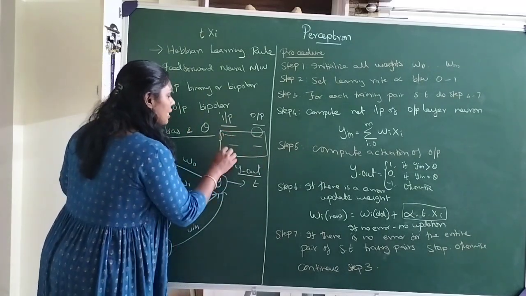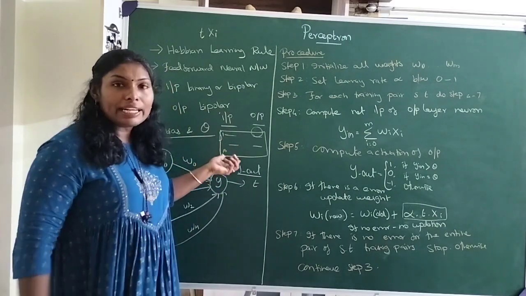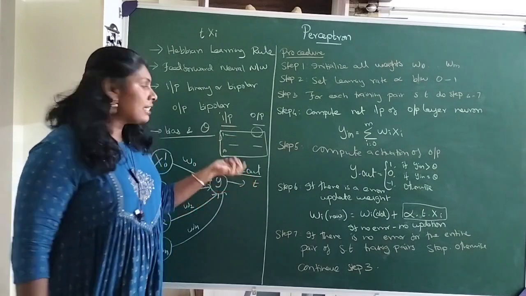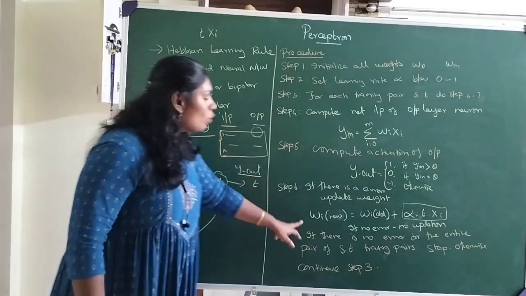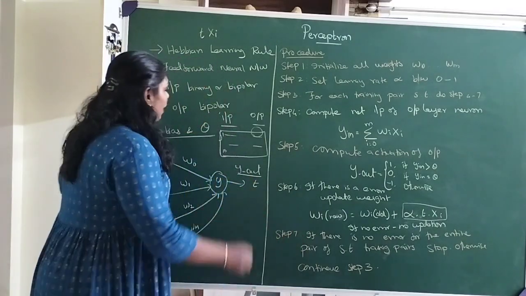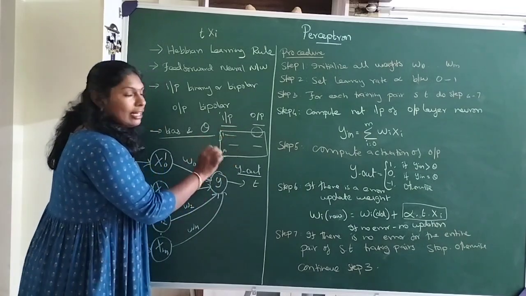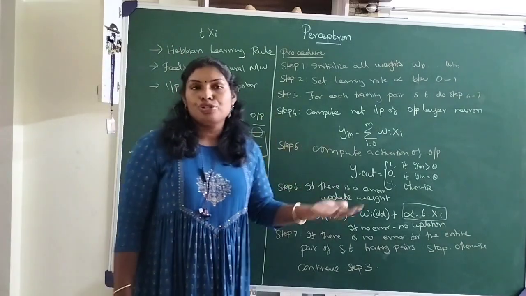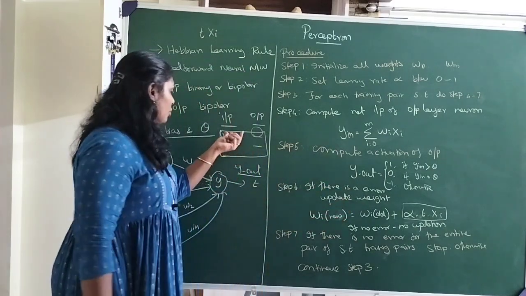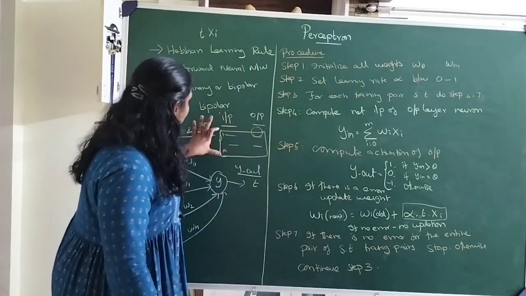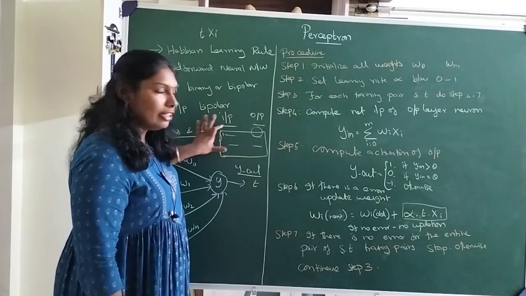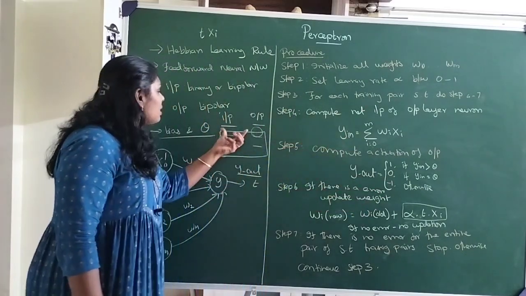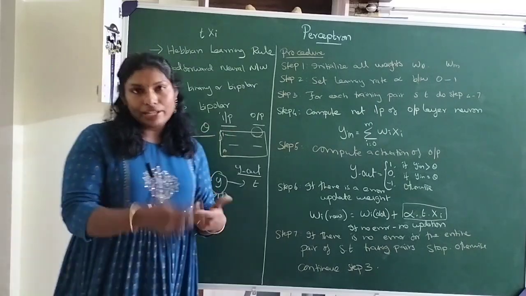If I have input patterns 1 to 10 in my given data set, I have to present each and every one and go for weight updation, and after completing all 10, I have to start from 1 again. One iteration takes all 10 values to be learned, so 10 times this will be updated, and that is your first iteration.